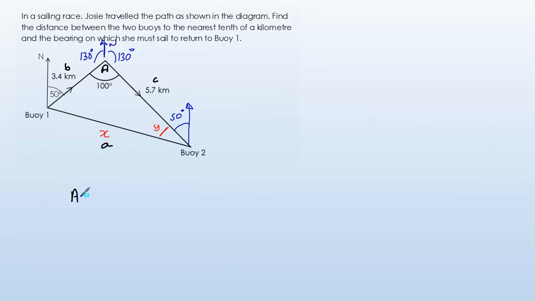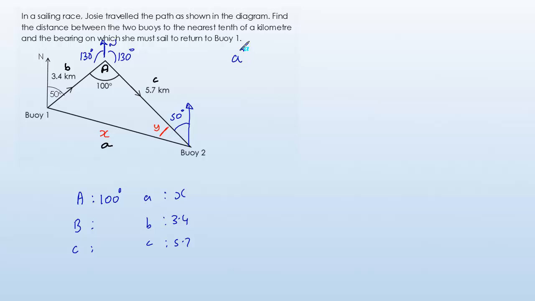And if I do A, B, C, and A, B, C, we're trying to find this one, and we know this one, and this one, and that tells me that I'm using the cosine rule.